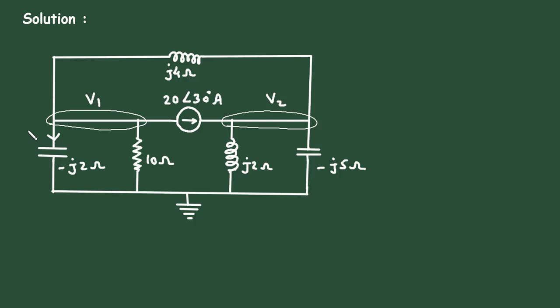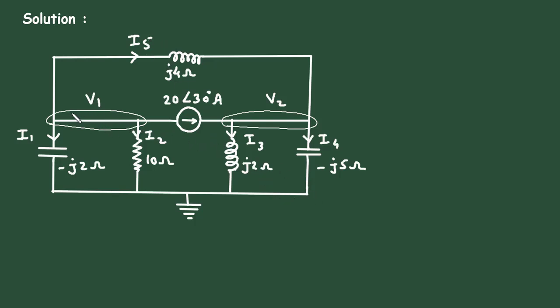Let's assume this as current I1, this as current I2, this as current I3, this as current I4, and this current as current I5.